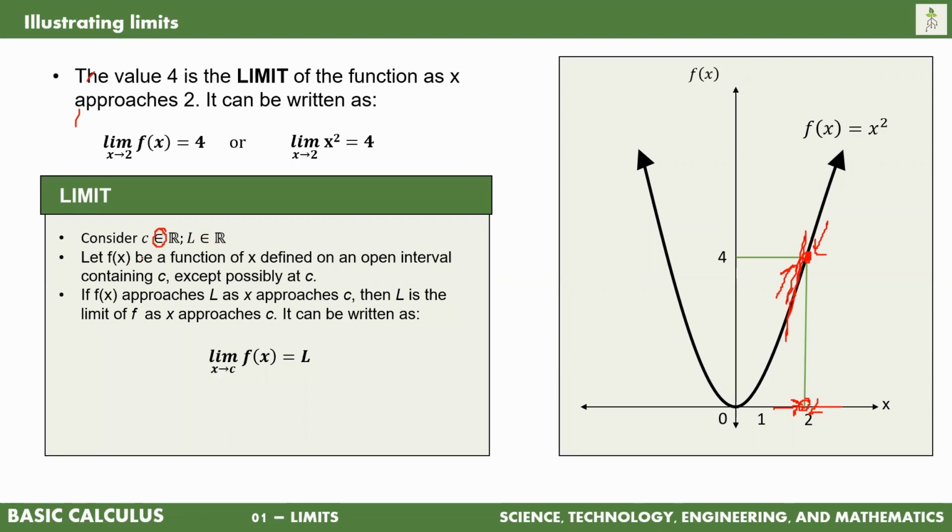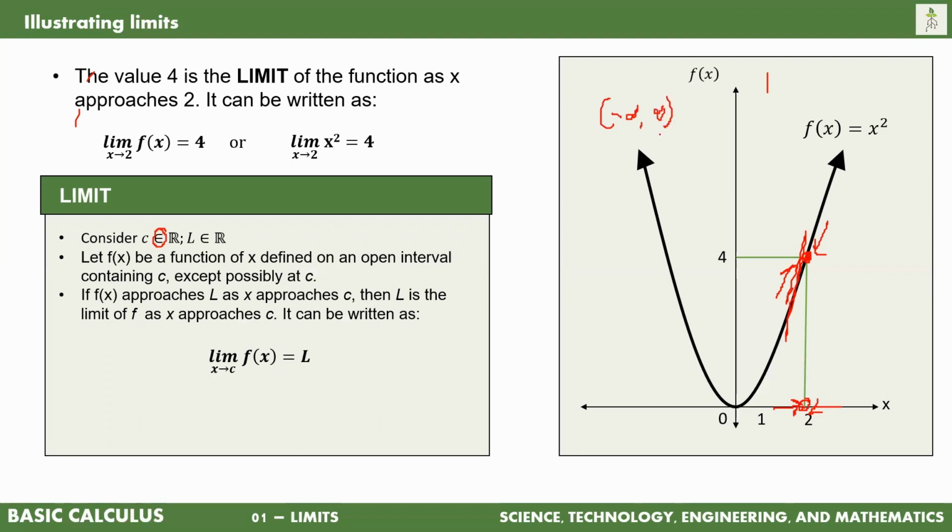Let's say we have f of x be a function of x, defined on an open interval containing c, except possibly at c. Let's say we have a function, the one given in example 1 is x squared. It is defined on an open interval containing c. Kindly verify that x squared is defined on the open interval negative infinity to positive infinity.